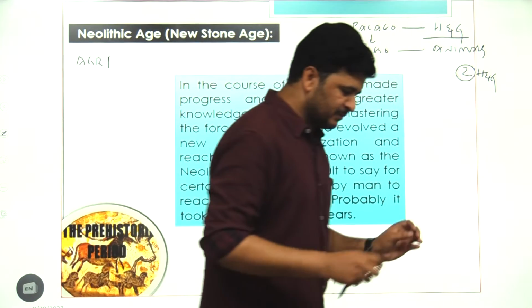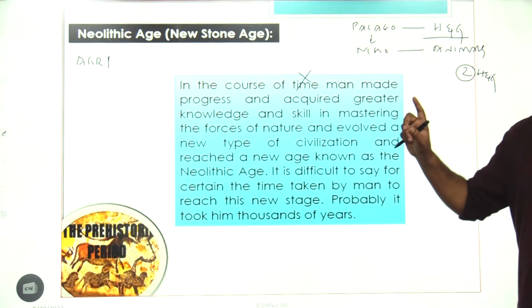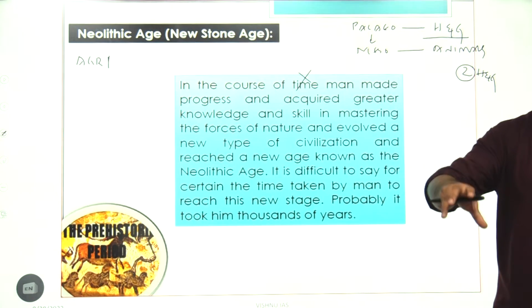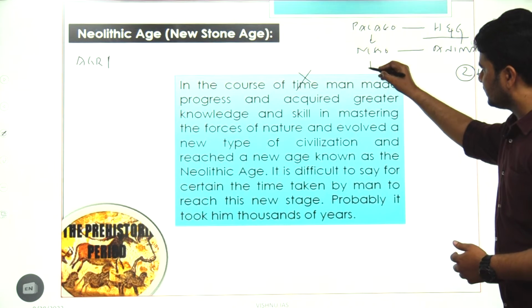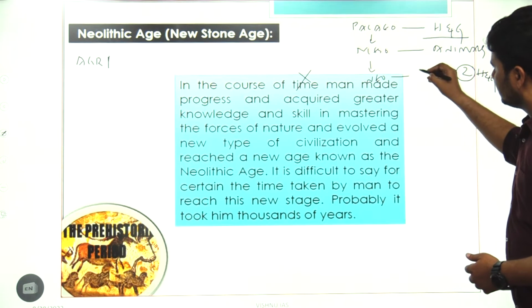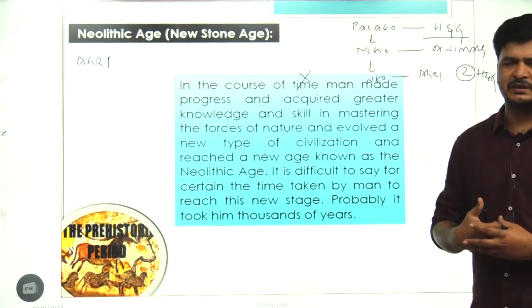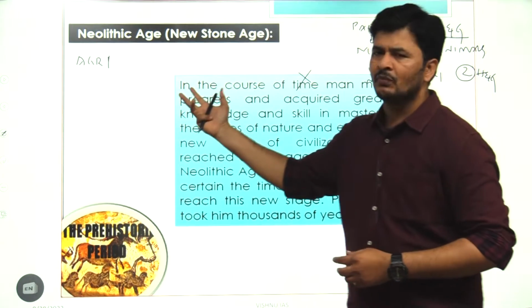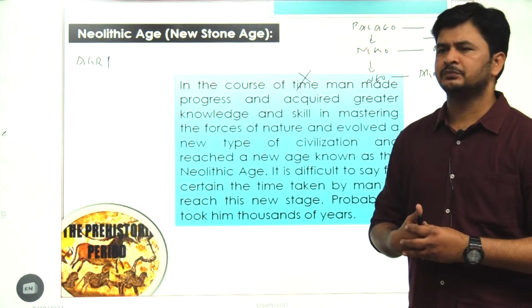Fine, keeping aside this stuff, my point is, be it Mesolithic, be it Neolithic, be it even Chalcolithic. By the time of Neolithic, agriculture was the base. When I say agriculture, not modern agriculture, primitive agriculture, wild variety of crops you call them.